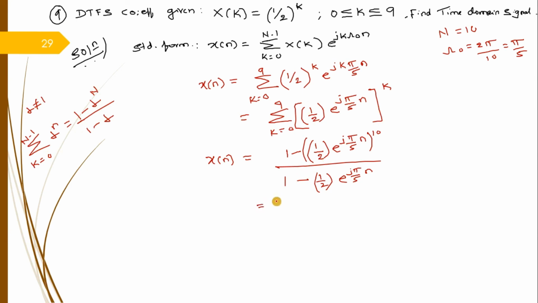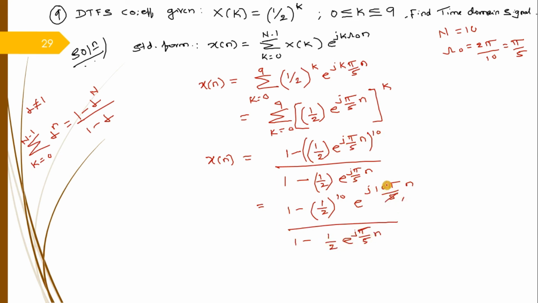So here you can see 1 minus 1 by 2 raised to 10, and this becomes e raised to j, e raised to something gets multiplied, 10 pi by 5 n, divided by 1 minus 1 by 2 e raised to j pi by 5 n.